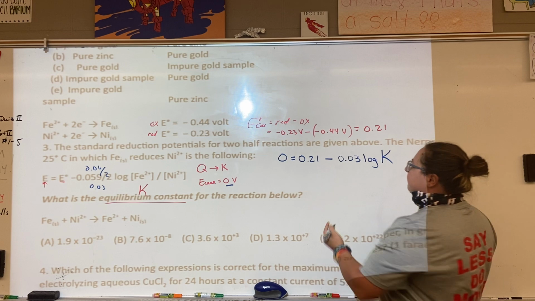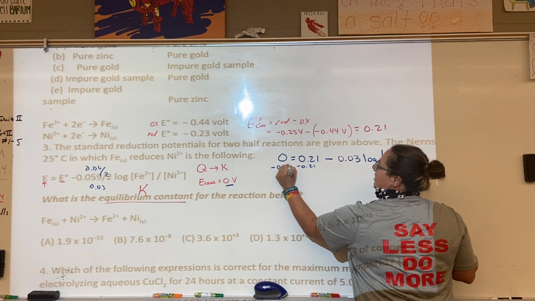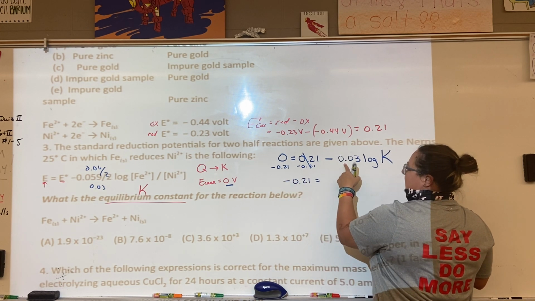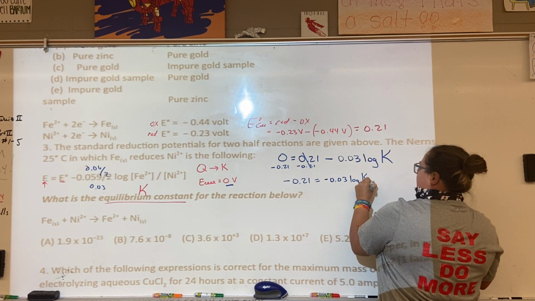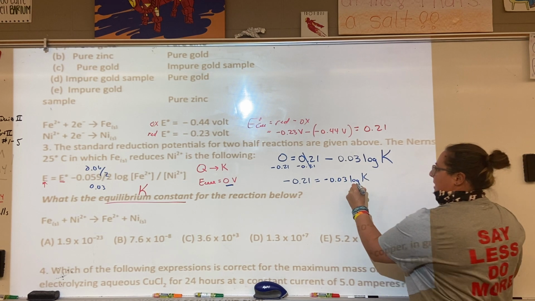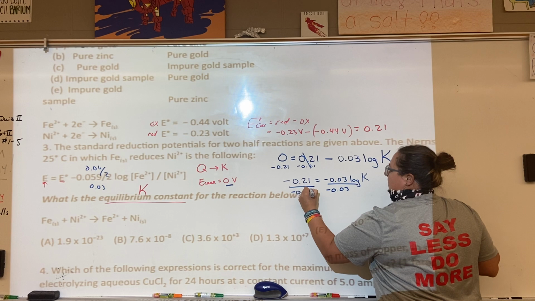So I'm going to subtract 0.21 on both sides. And that gives me negative 0.21 equals negative 0.03 times the log of K. Now you see how these are multiplied together, so I'm going to divide by negative 0.03 on both sides.